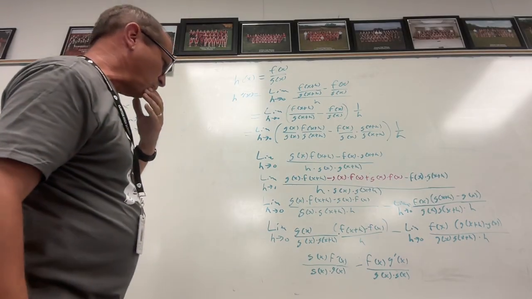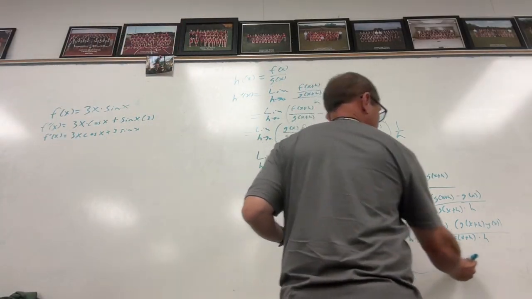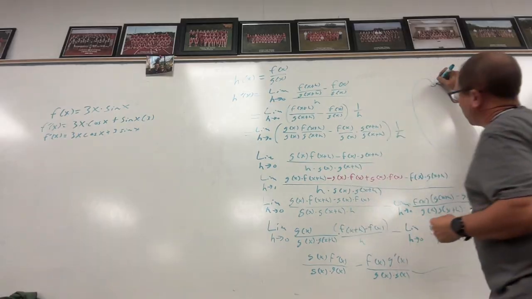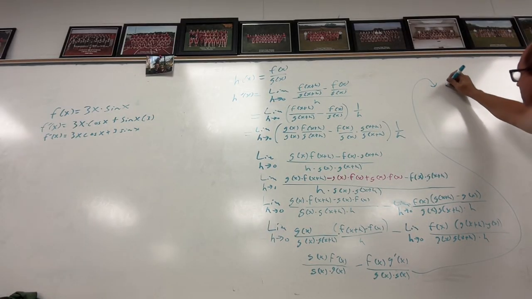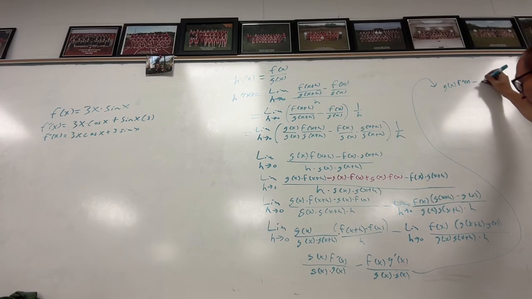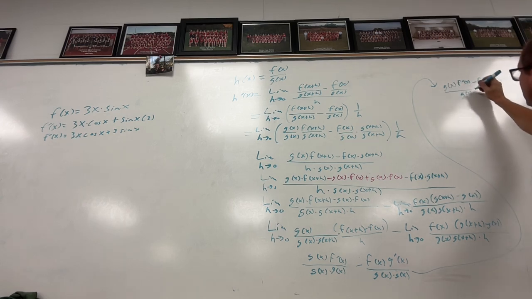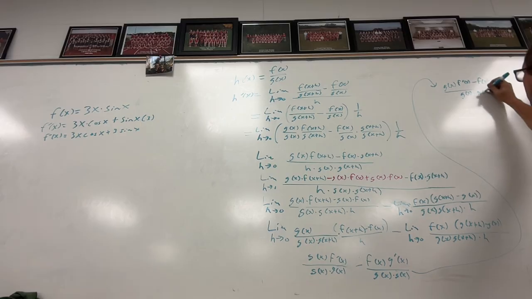So, in the end, this would be g of x times f prime of x minus f of x times g prime of x, all over g of x times g of x, right?